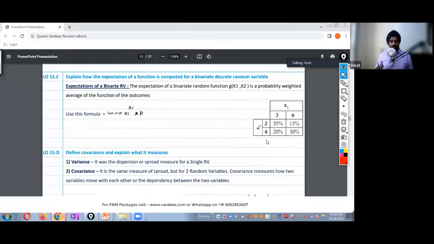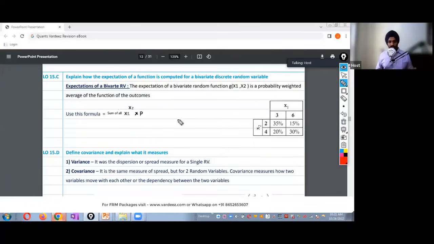Okay, moving on to the expectation of a function. Now expectation, as I said, is an average, right? Number multiplied by probability, number multiplied by probability, number multiplied by probability, add up, that's it. So expectation of a function is computed for a bivariate discrete random variable.